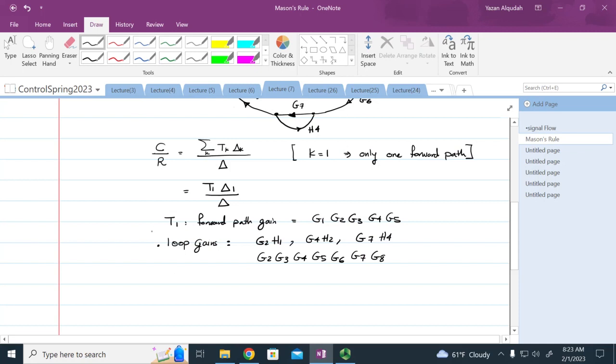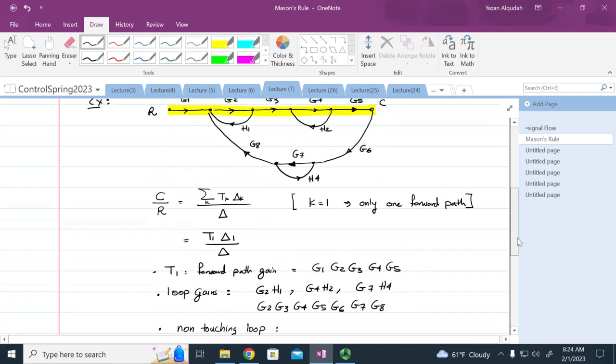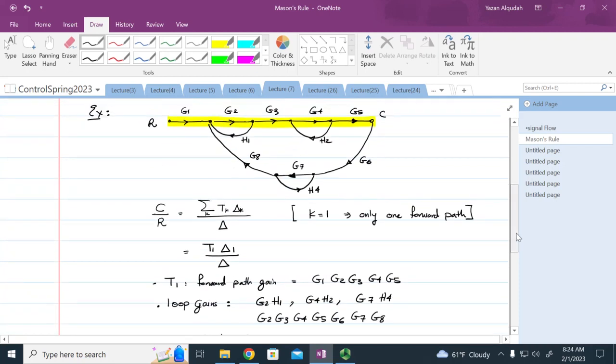Okay, so we're going to look at non-touching loop gains that are taken two at a time. What are all the loop gains that we can take that are not touching, two at a time? G2, H1 is a loop gain. It's not touching G4, H2.